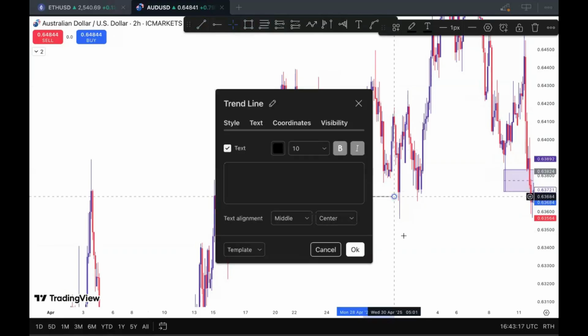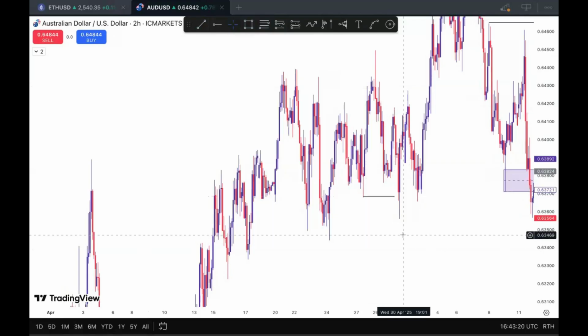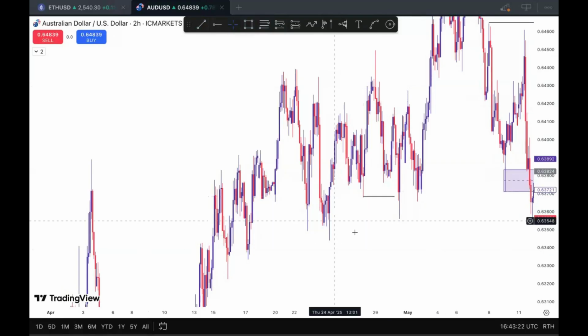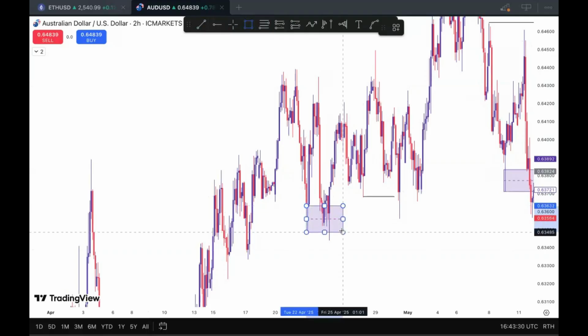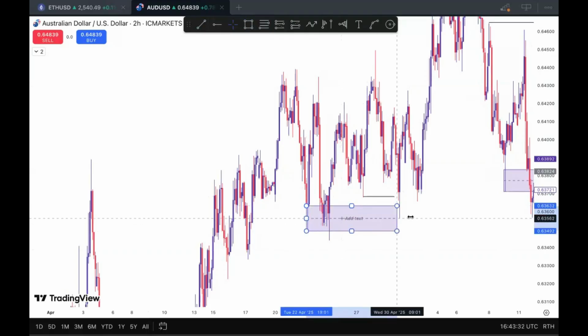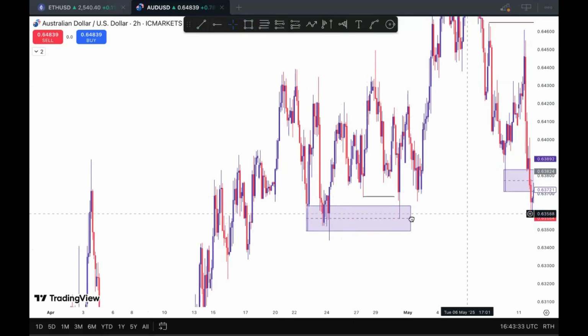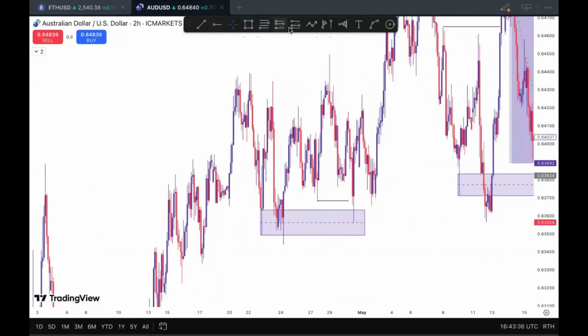Remember, your liquidity must be A-shaped or V-shaped. It must be obvious. And then you can see that this is very close to the sweep. So I take this as my POI. Can you see? It's very close to the peak.